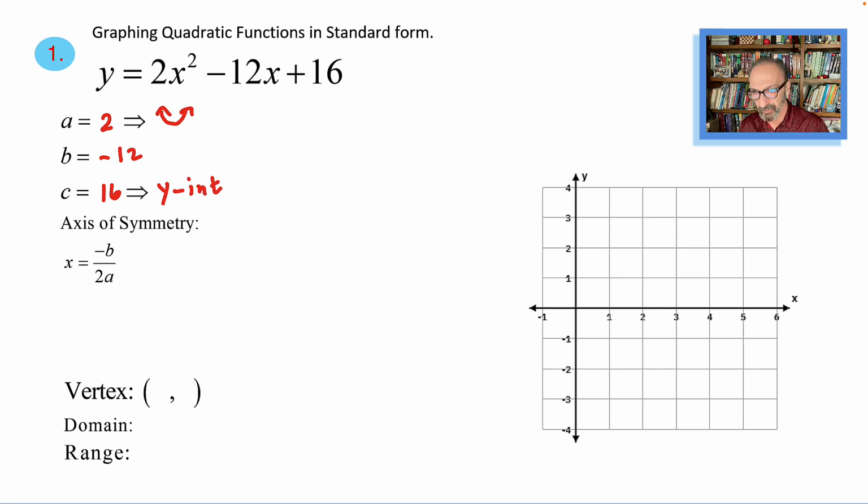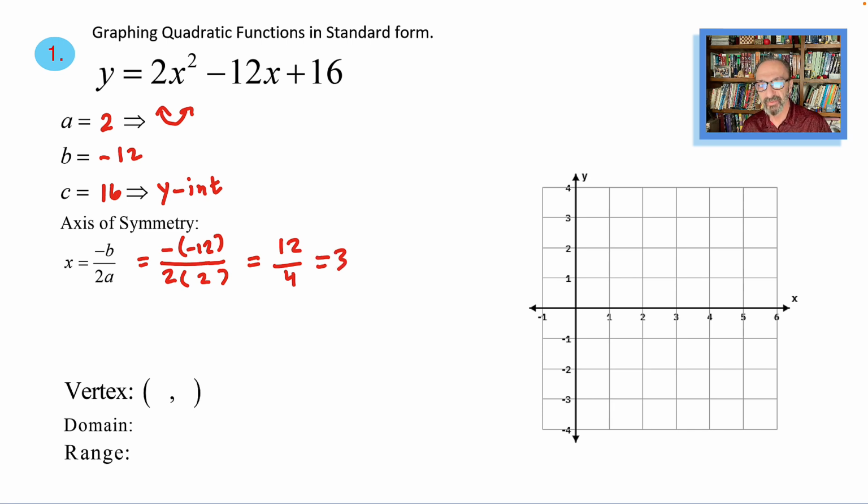The axis of symmetry is x equals minus b over 2a, and that is the opposite of b, and b is negative 12, over twice a, and a is 2. That will give me positive 12 over 4, which is 3.